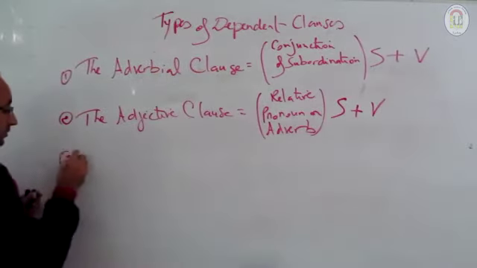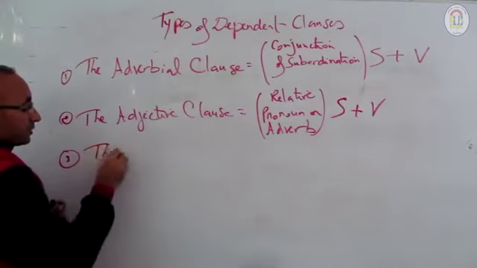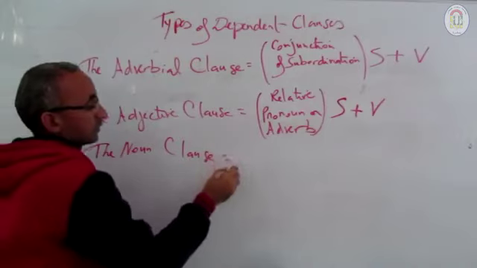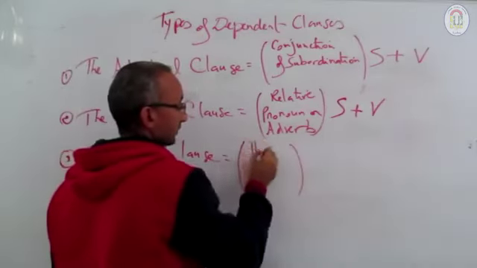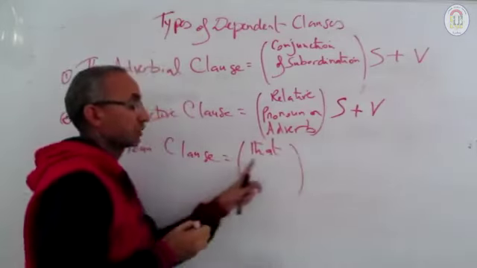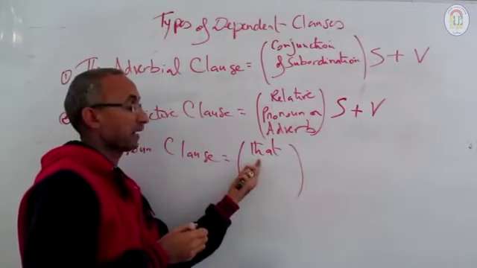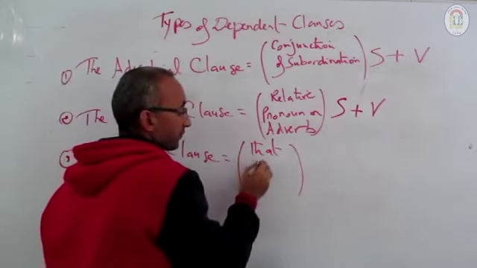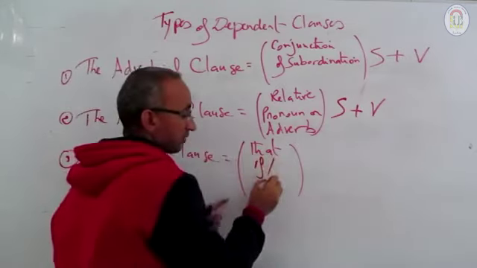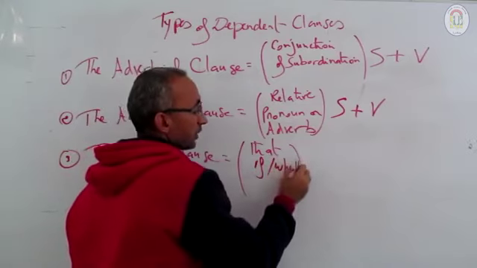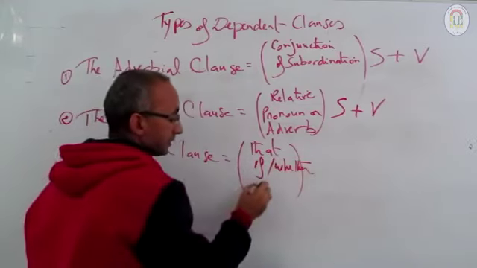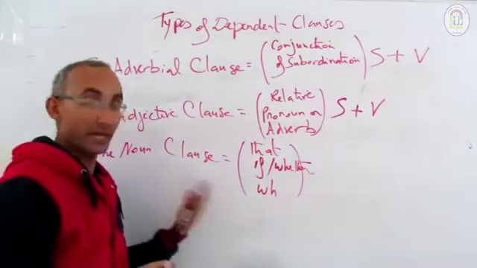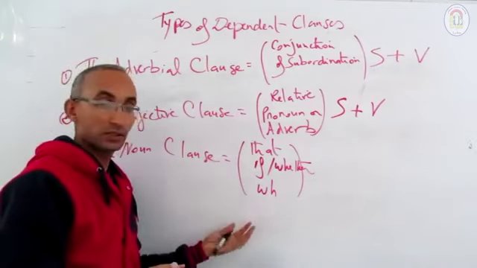Third type is the noun clause, which starts either with that, which is not preceded by a noun, but by a verb, or it comes at the beginning of the sentence. Also, if not of the condition, but of doubt or uncertainty. Also, whether, the same meaning as if, and WH words: why, when, what, how, and so on.